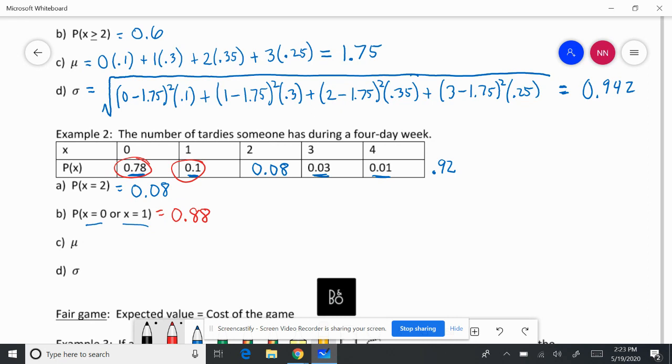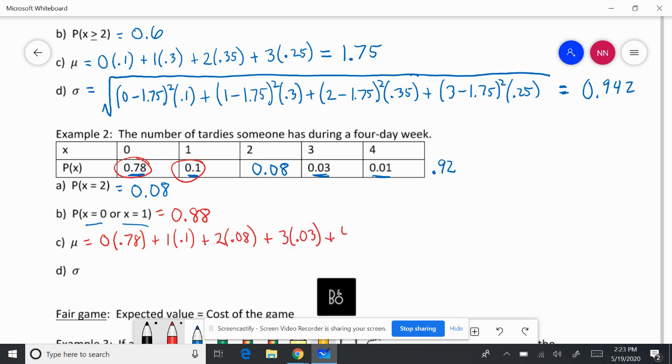Now for the mean and standard deviation. For the mean, I'm going to take my x value and times it by the probability. I'm going to take my next x value and times it by the probability. Take my next x value, I'm going to times it by its probability. I'm going to take the next x value, times it by its probability.